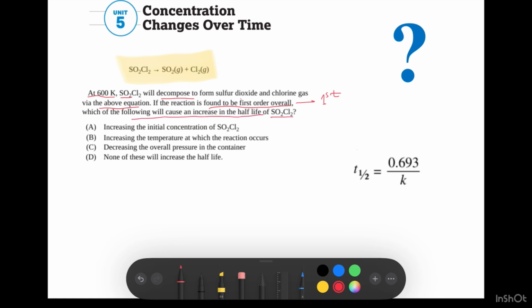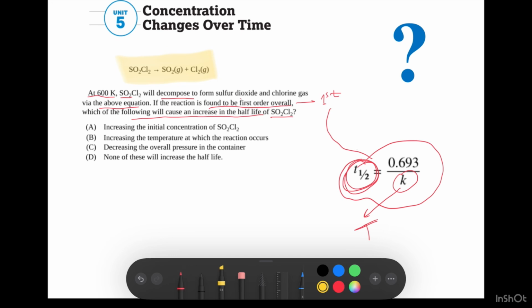So first order has a half-life of this. We can notice that the half-life is not affected by concentration, but it is affected by temperature. So the question is asking which of the following will increase the half-life, so I need this to be increased.